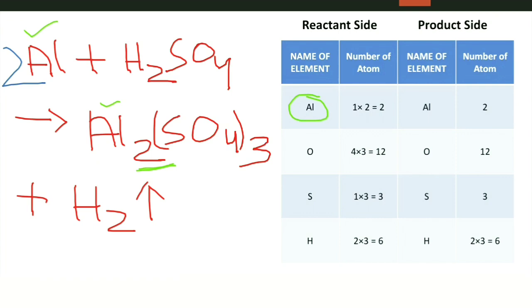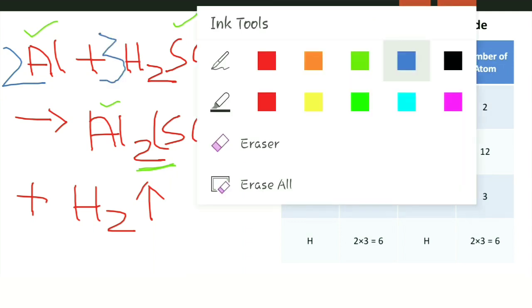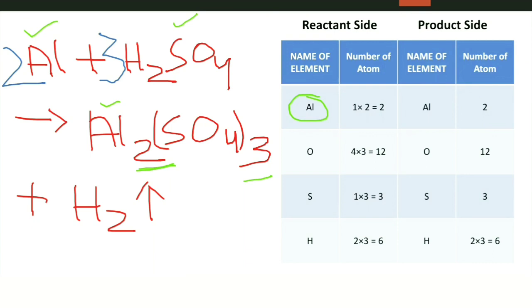Similarly, in the case of sulfur, the number of atoms in the reactant is 1 and that in the product side is 3. So we will also balance it by multiplication at the reactant side by 3. Again, the number of oxygen on the product side is 4 multiplied by 3, that is 12, and the atoms of oxygen in the reactant side is also 3 multiplied by 4, that is 12.